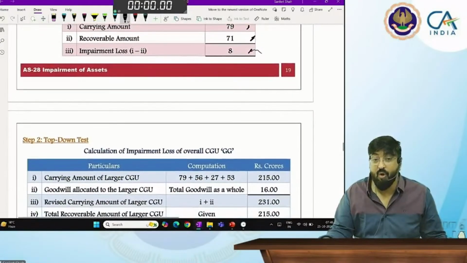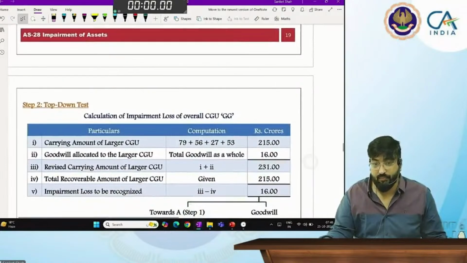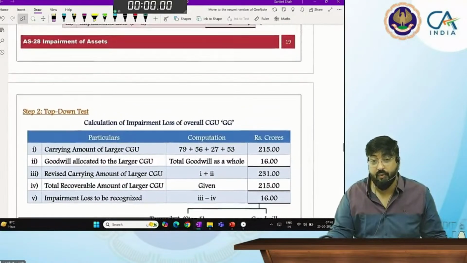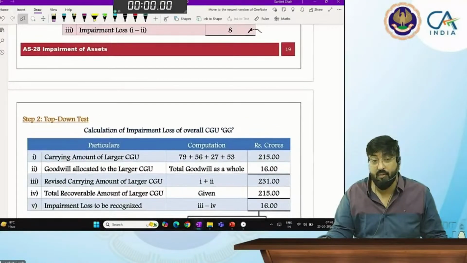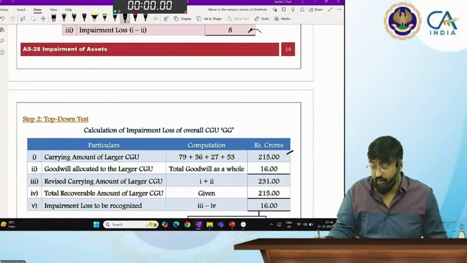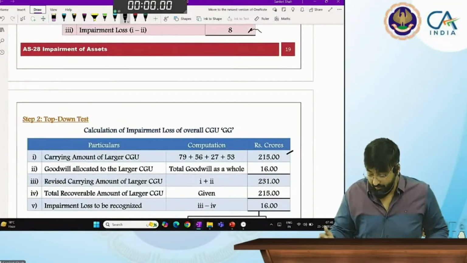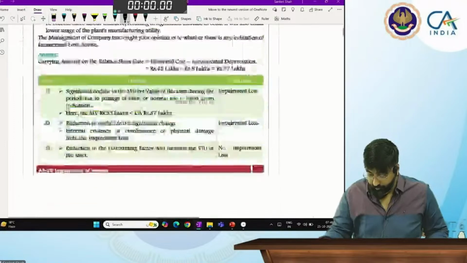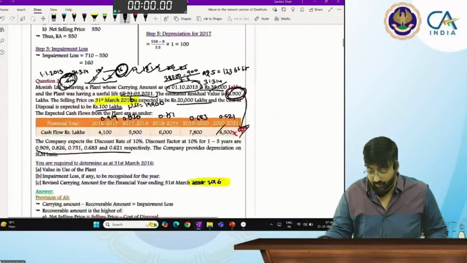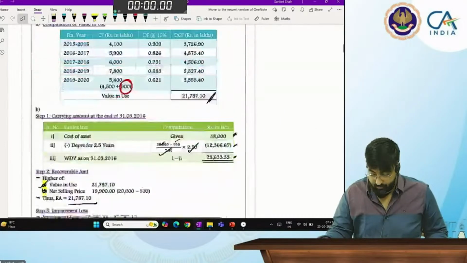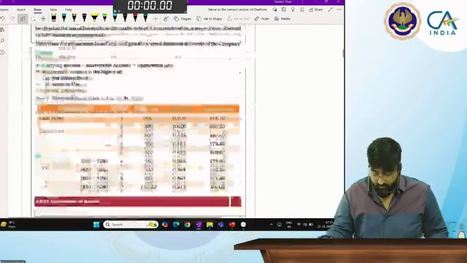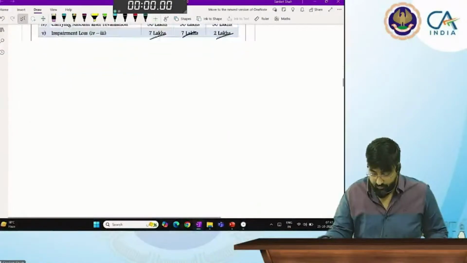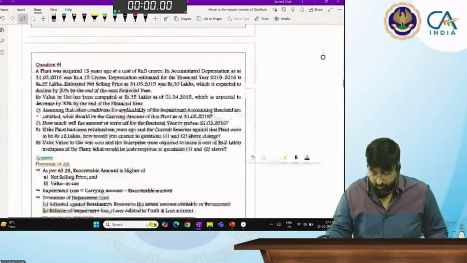Now what is the top-down approach? Now I will take the carrying amount including goodwill. Say yes or no. Yes, sir. What was the carrying amount?